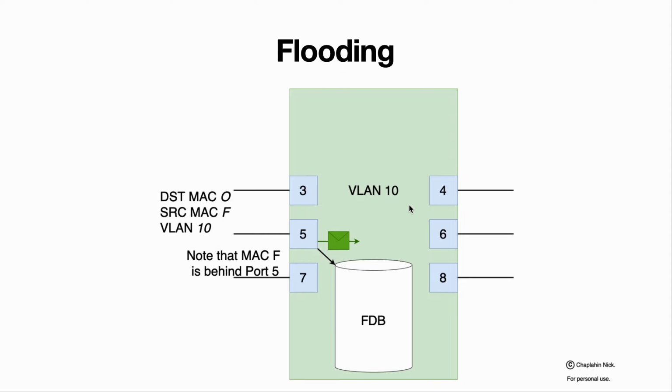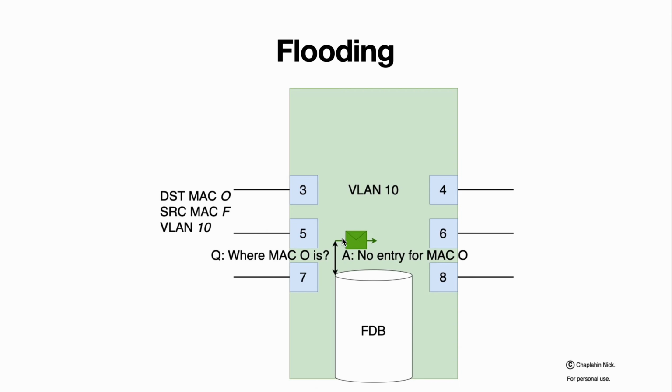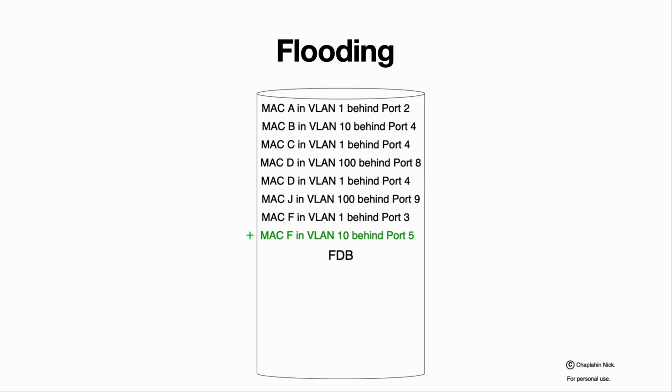We need to learn that MAC F in VLAN 10 is behind port 5. We notify the FDB, and the FDB adds the specific entry. Then we ask, is there an entry in the FDB for MAC O? Do we know where to send a packet with MAC O in VLAN 10? In our FDB, there is no entry for MAC O in VLAN 10.